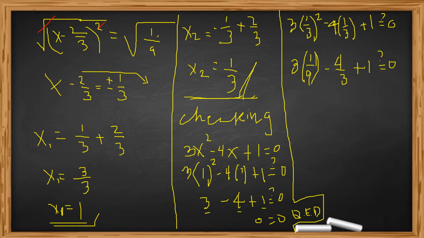Next, you multiply. 3 times 1/9 is 3/9, minus 4/3, plus 1 equals 0. But 3/9 when reduced to lowest terms is 1/3, minus 4/3, plus 1.